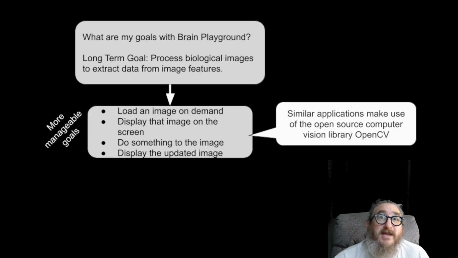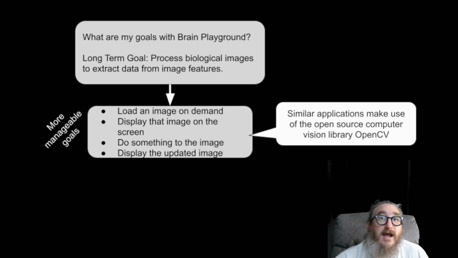I want to display that image on the screen, and then I want to be able to do something to the image and then display the updated image with whatever modification I've made to it. So that's a starting set of goals, just to have the ability to view images.